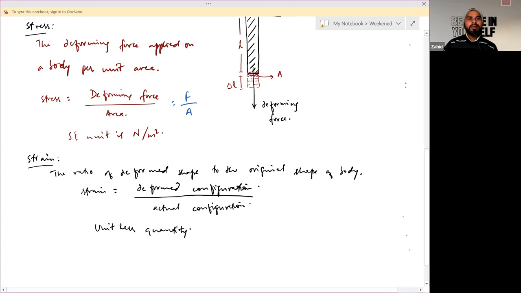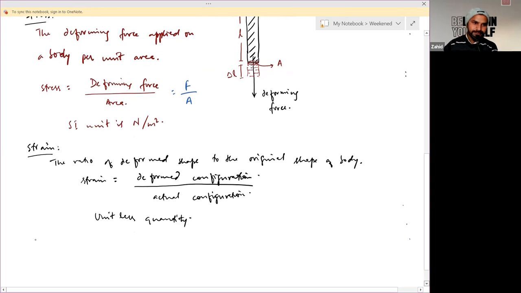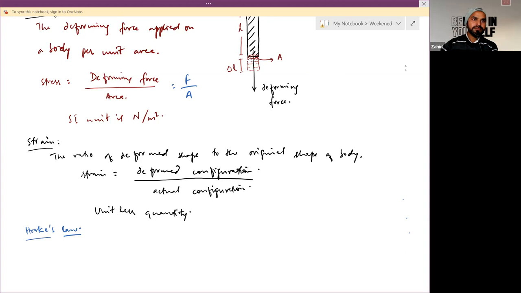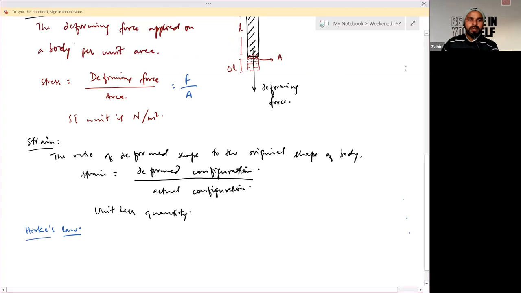Okay. Now there is a relation between the stress applied to this particular object and the strain produced in it, which is termed as Hooke's law. It was Robert Hooke who discovered it first.